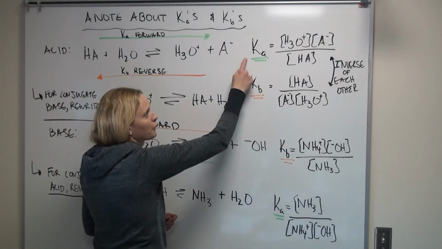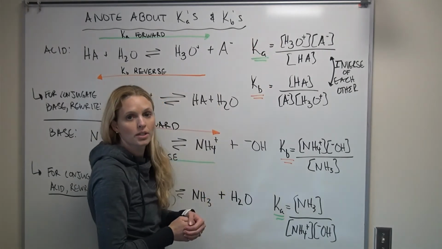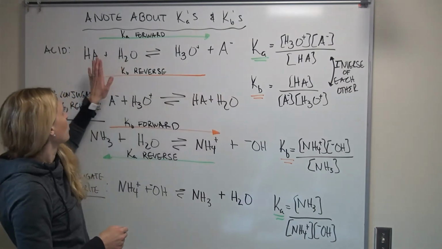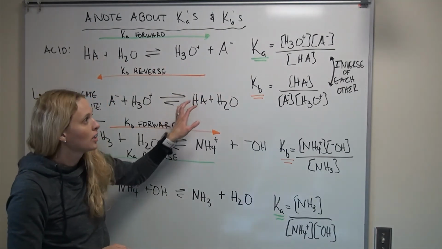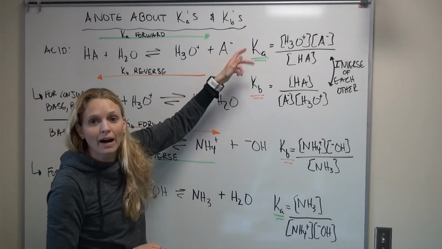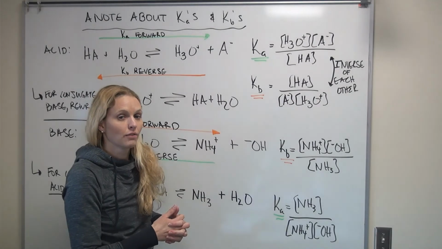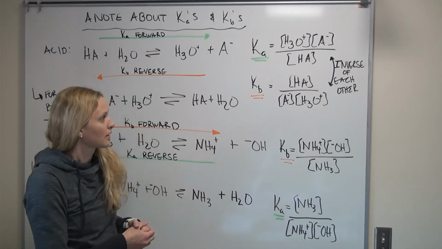If you take a look at the difference between Ka and Kb, you can see that they're just the inverse of each other. And so if you were given the Kb for an acid dissociation or the Ka for a base dissociation, then you would just take 1 divided by whatever constant they're giving you, so that you can use that when you solve ICE table problems and things like that.